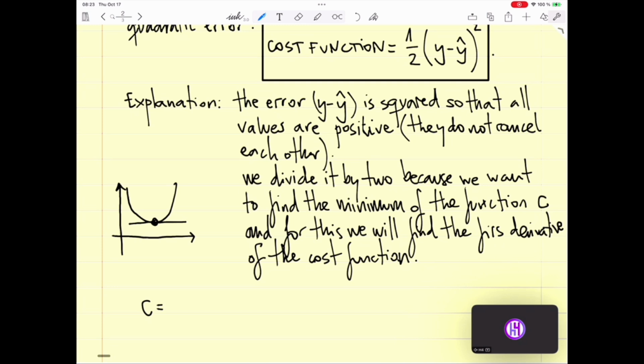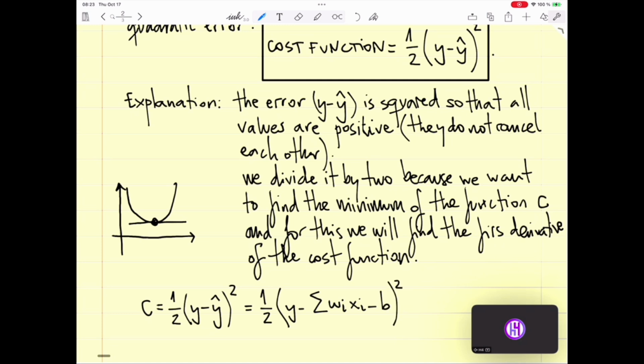So the cost function, as I said, is 1 divided by 2 times (y minus y with a hat) squared. Now we know y hat. This is 1 divided by 2 times (y minus b) squared.